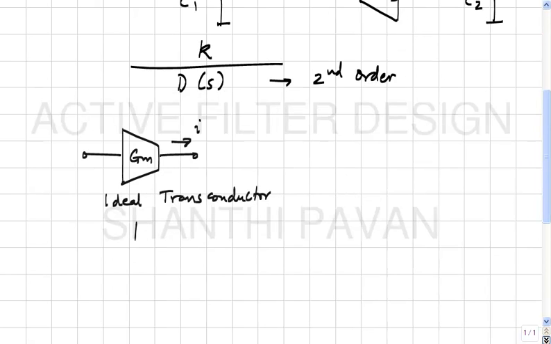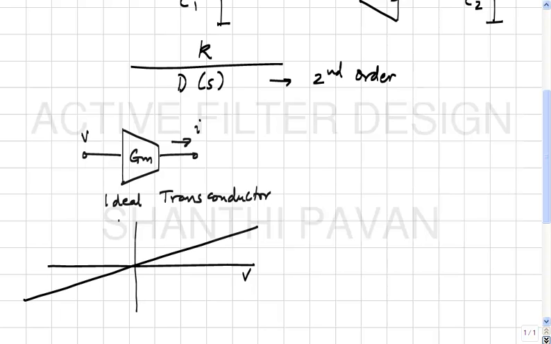For an ideal transconductor, regardless of the magnitude of V, the slope will be GM, okay, for arbitrary V. If I put a million volts, it will be GM times a million volts will be the current output, okay. But obviously no real transconductor can behave like that, okay.